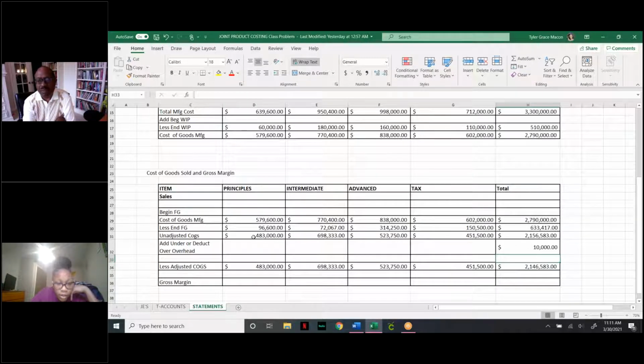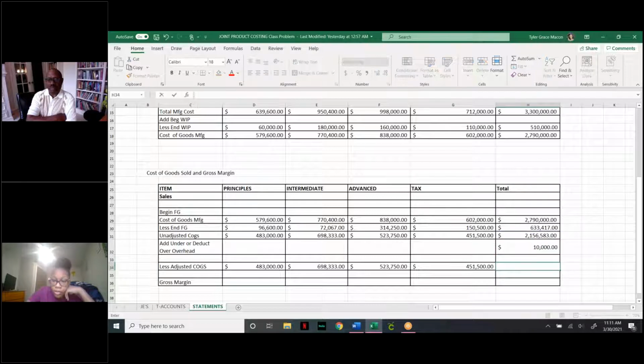So add 10,000 to all of the unadjusted cost of goods sold? That's a company item. So you're only going to do it in that last column. Oh, okay. And that's it. Just purchases of the raw materials was a company item. The overhead also is a company item. We just do it once at that point. Okay.